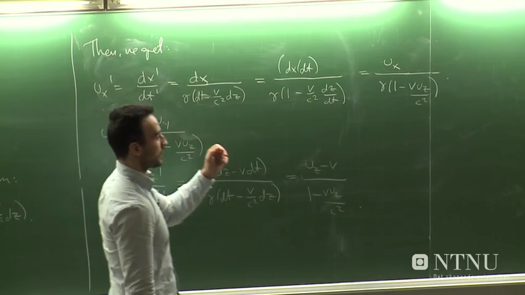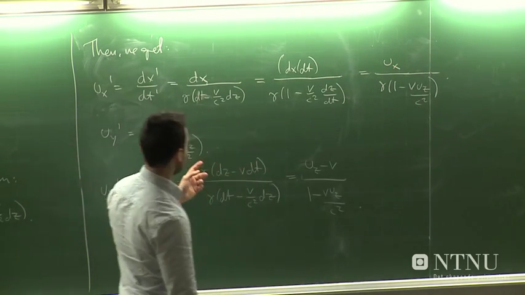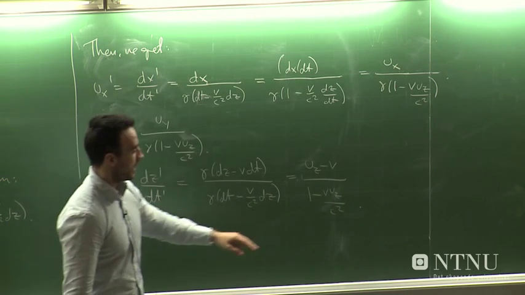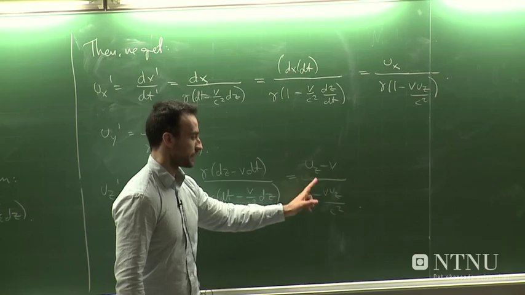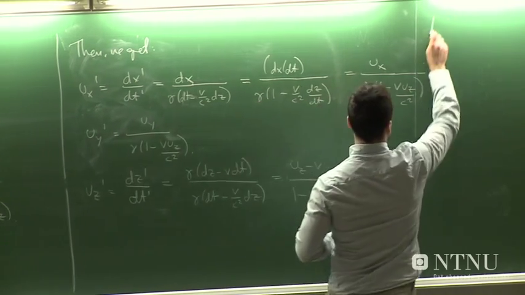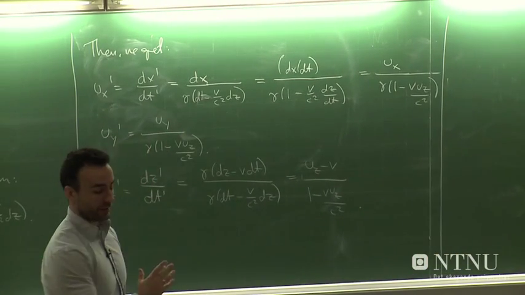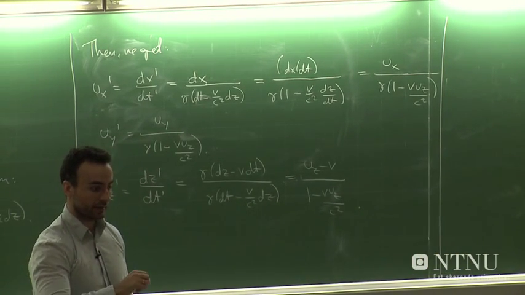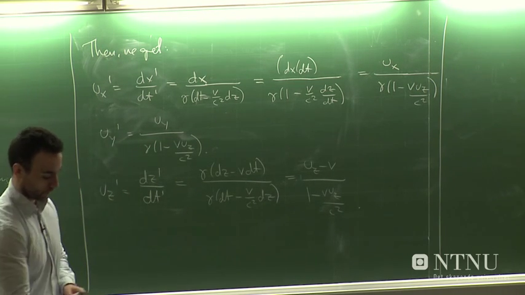We get ux prime is equal to ux, because this is 1 and this vanishes. Similarly here, this factor vanishes in the non-relativistic case, so we simply get uz minus v. So these are the two ways you can obtain this Einstein addition formula.